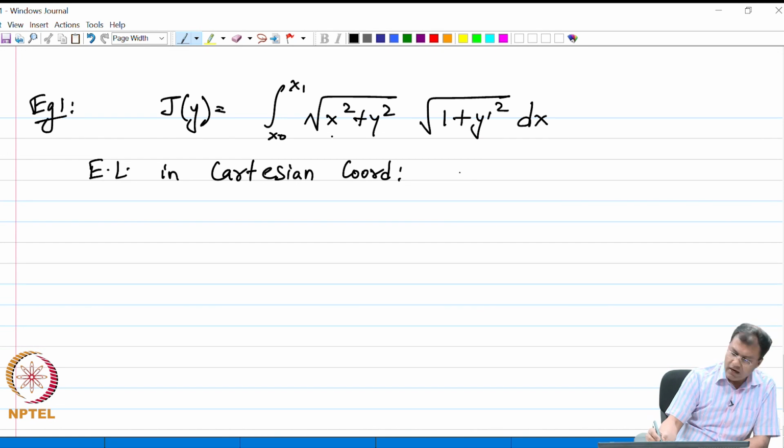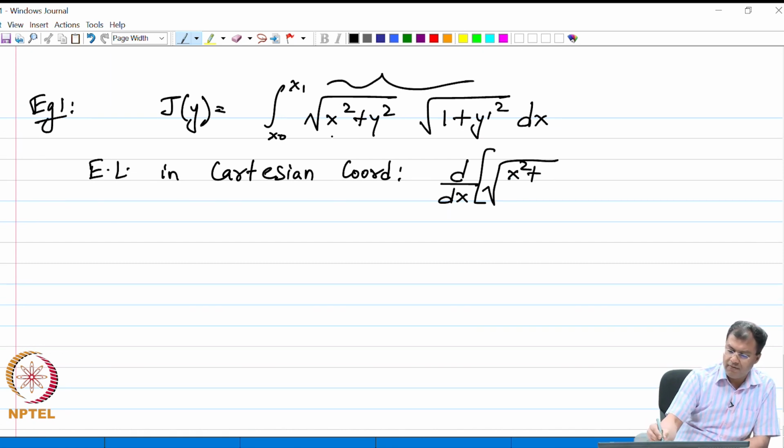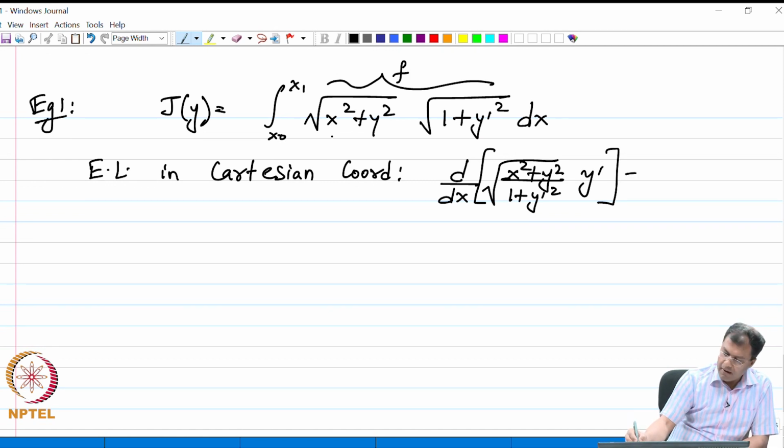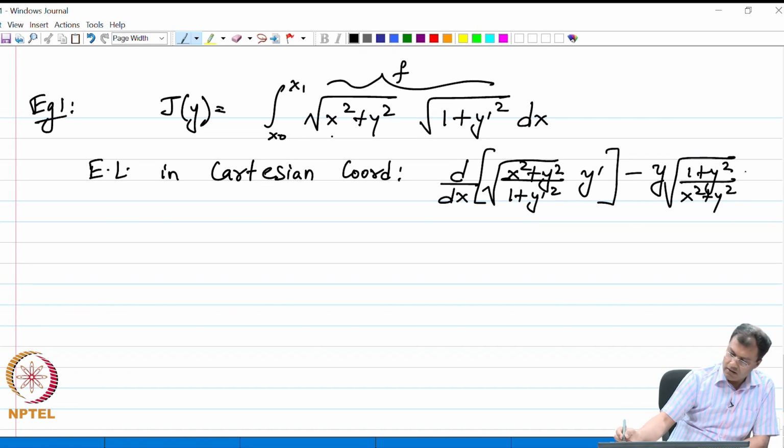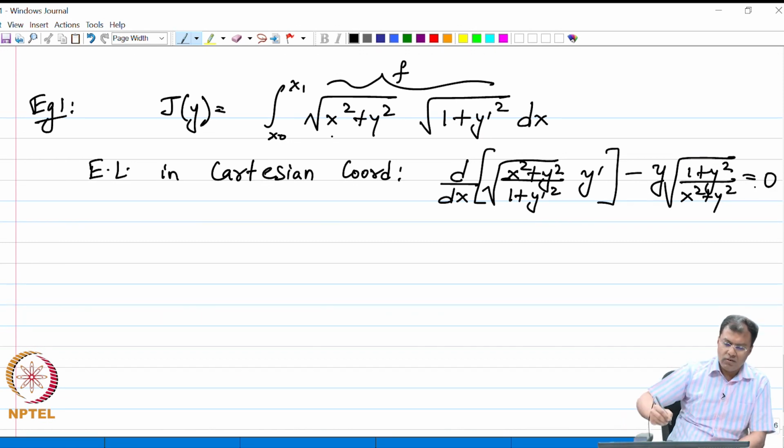So, in Cartesian coordinates we see that this is also equal to d dx of square root, let us just plug in. So, this is my f, and we see that this is also equal to this times this, minus y times square root of 1 plus y square divided by x square plus y square, is equal to 0, right.